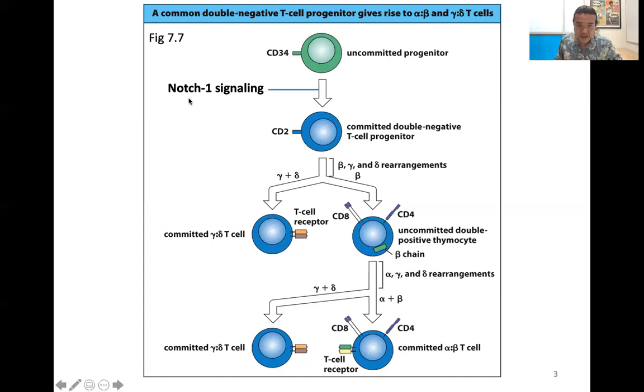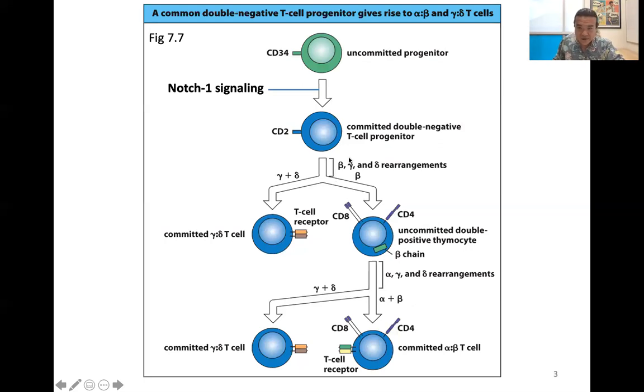And one of the key signaling events is that Notch1 signaling that we looked at last time. That's the peer pressure that gets this uncommitted progenitor cell to really want to become a T cell. We learned last time that the VDJ process begins, and in this thymocyte, the VDJ oven mitts, the RAG protein complexes, begin to go to work.